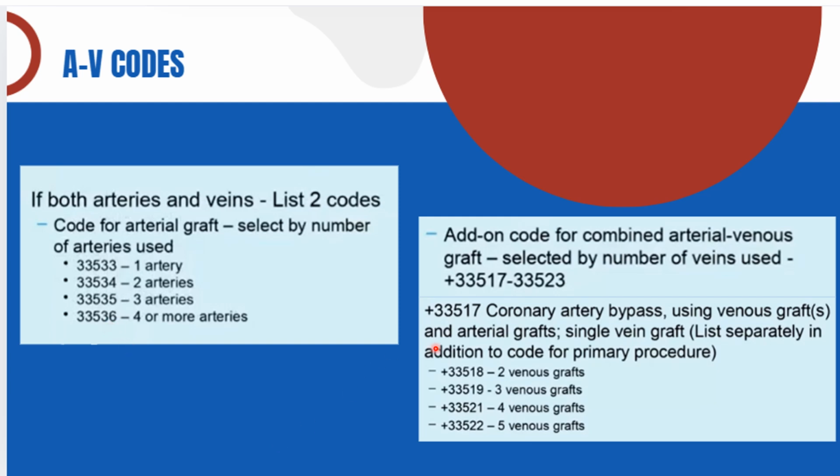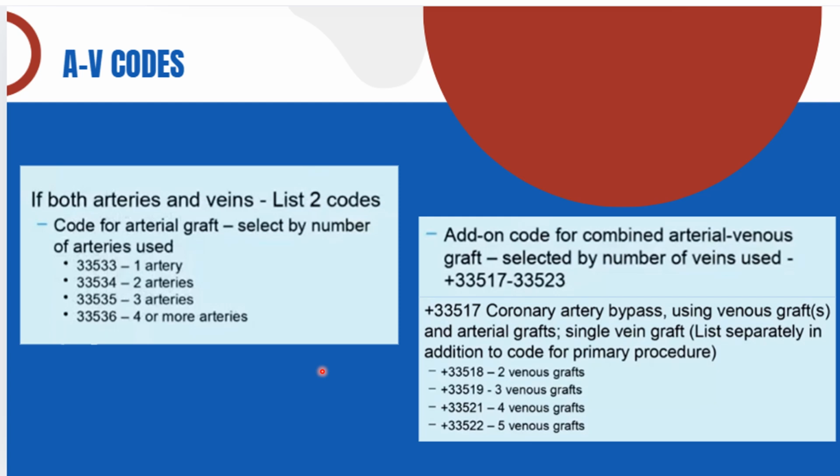But for the vein graft, we code it from here. So what are the codes for the vein graft? Add-on codes for the combined arteriovenous graft, selected by the number of veins used. I use the codes 33517 to 33523. And these codes are also for one venous graft, 2, 3, 4, 5.